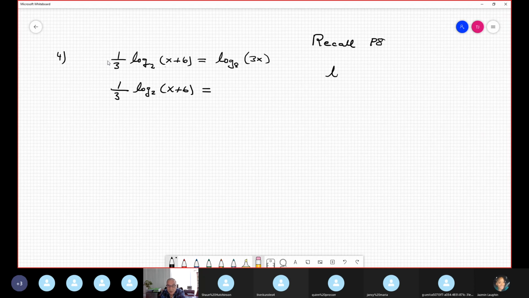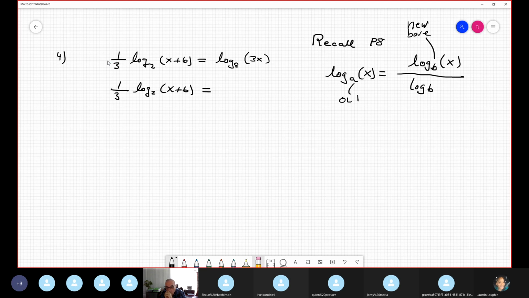The change of base formula says the logarithm of any arbitrary base A of one specific expression is equal to the logarithm of the new base, I call it B, of the same expression, just copy, divided by logarithm base B of A. So B is the new base, and A is the old base. Compare this idea and try to adapt it to our specific example.